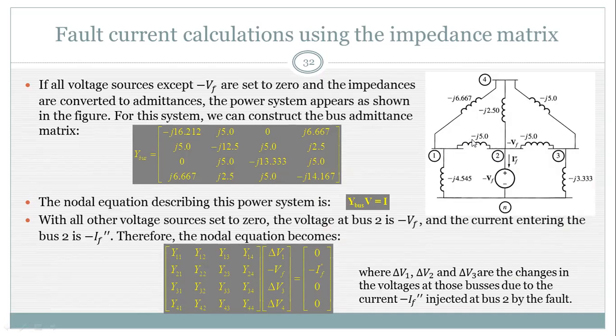The branch admittance is here, minus j5. Like this, if we want to calculate the current flowing from bus 3 to bus 2, then the equation should be V3 minus V2, the voltage difference from bus 3 to bus 2, into the branch admittance, that is minus j5.